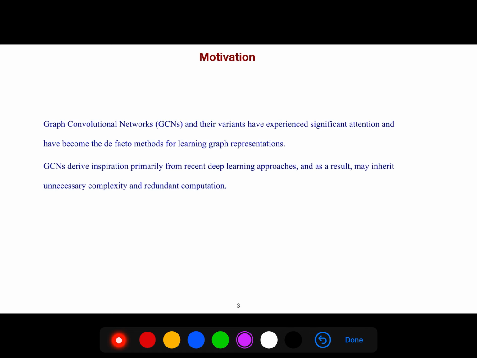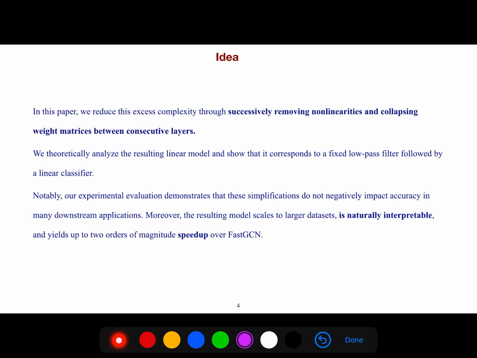Graph convolutional networks and their variants have experienced significant attention and have become the de facto methods for learning graph representations. GCNs derive inspiration primarily from recent deep learning approaches and as a result may inherit unnecessary complexity and redundant computation.